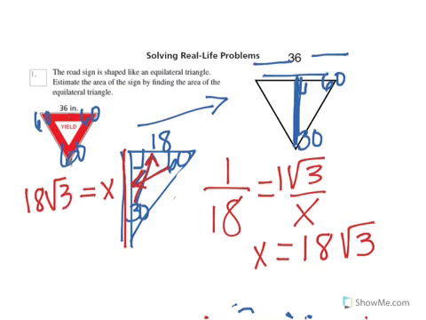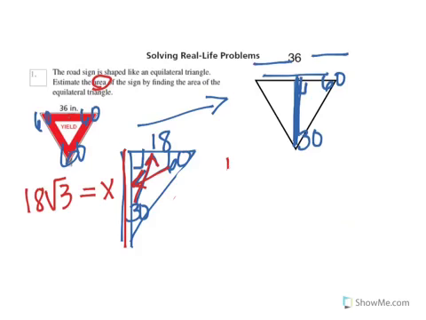Okay, but it asks us right here for the area. So I know to find the area, I'm going to need to use my area formula for a triangle. And my area formula for the triangle is base times height divided by 2. Okay, my base and height are the ones that always meet at the 90-degree angle.